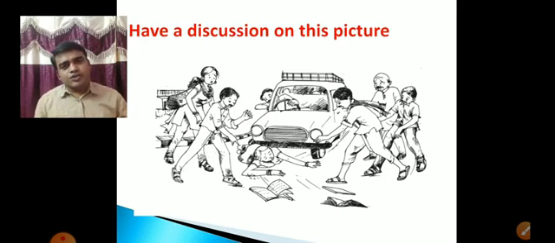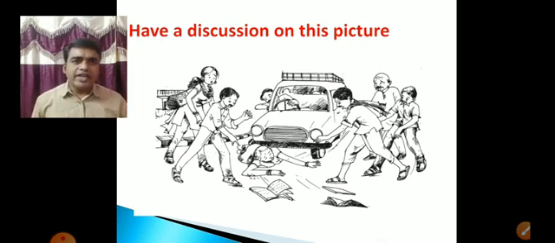Yes, can you observe or can you frame the sentences, or what you can observe by looking at this picture, my dear children? This picture is the picture of an accident. Am I right?